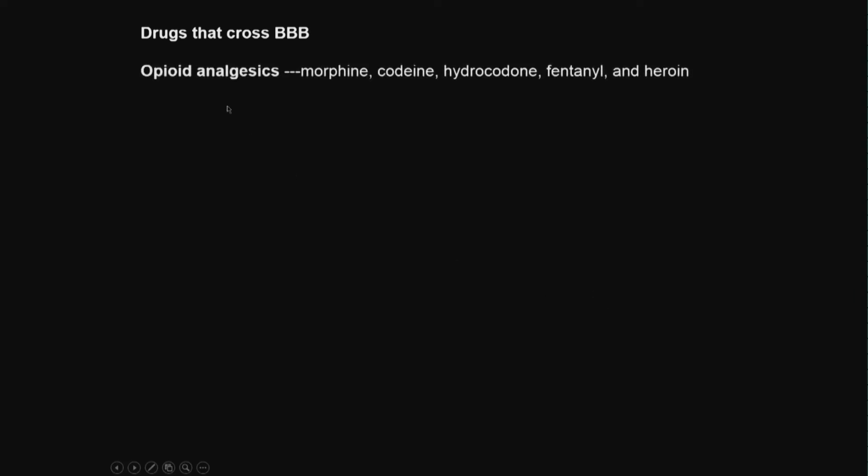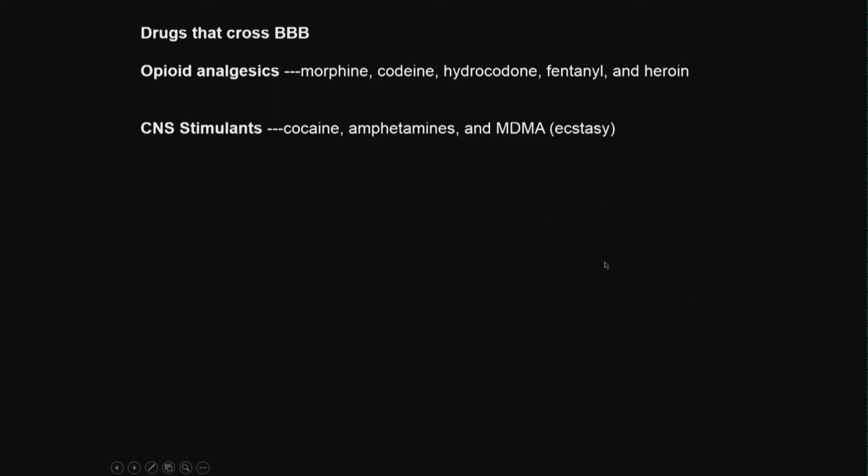Like I mentioned, opioid analgesics: morphine, codeine, hydrocodone, fentanyl, heroin, all these opioid analgesics cross the BBB. CNS stimulants: cocaine, amphetamines and MDMA, ecstasy.